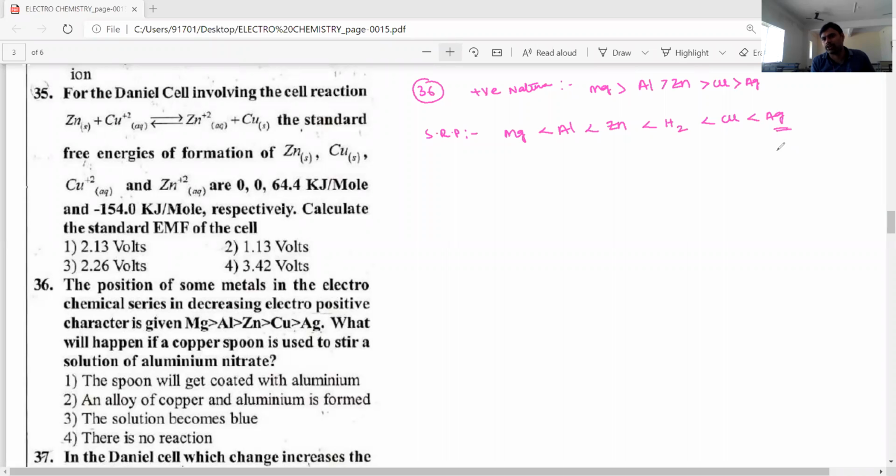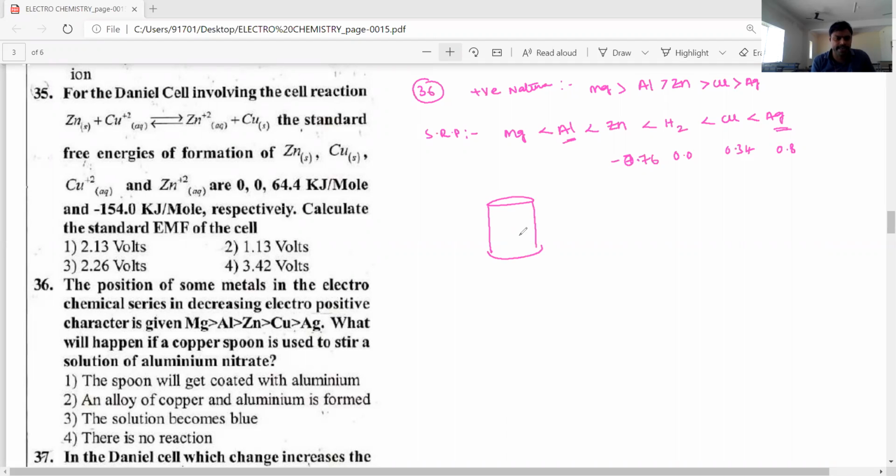We already know that silver is approximately 0.8, copper is 0.34, hydrogen is 0.0, zinc is minus 0.76, aluminum is approximately minus 1 point something, and magnesium is minus 2 point something. These negative values are present. So among that, just take one beaker.